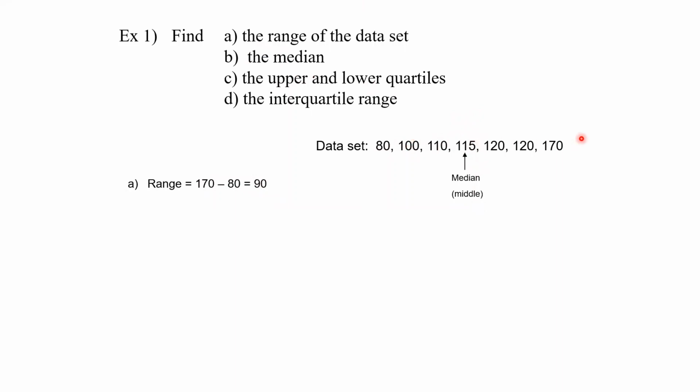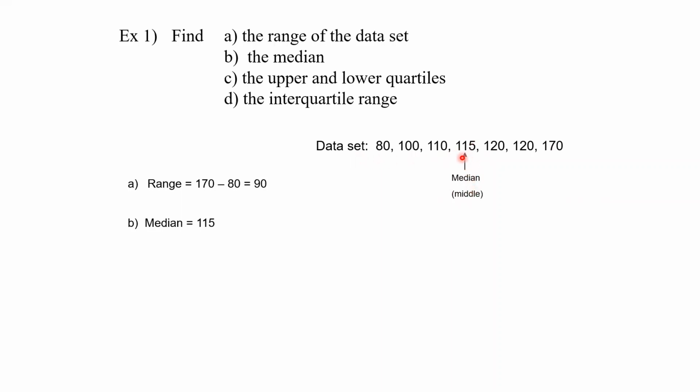If this data set is made up of 7 observations, then the middlemost value will be the 4th one, because that means we have 3 values below it and 3 values above it. So the median value is 115 in this case. It is something you can easily observe.